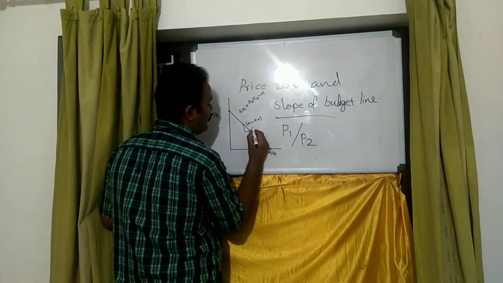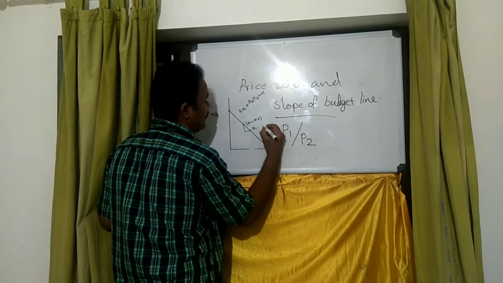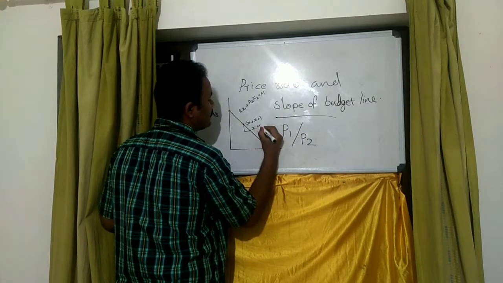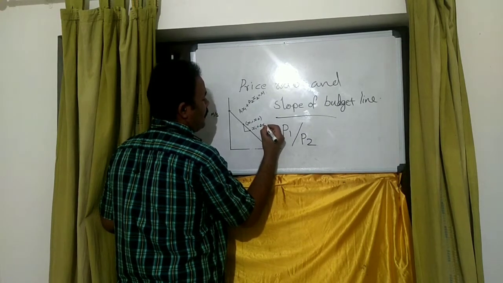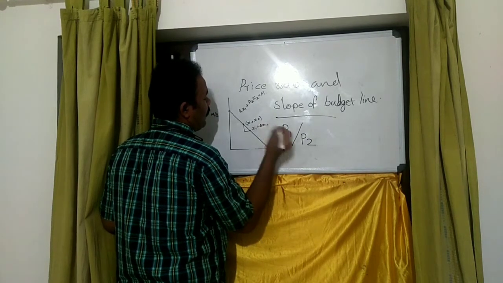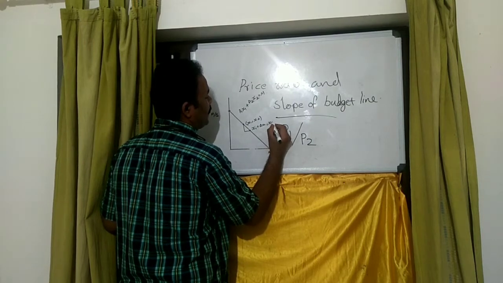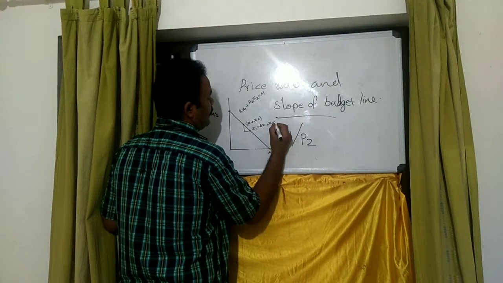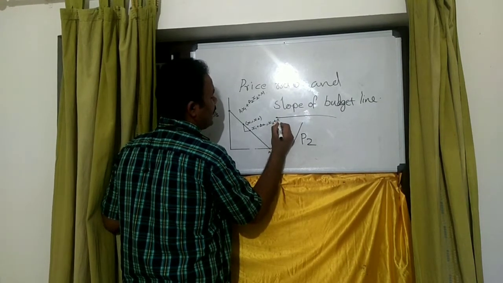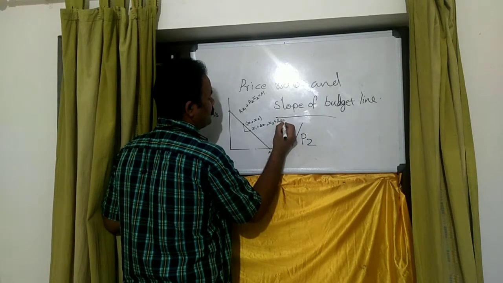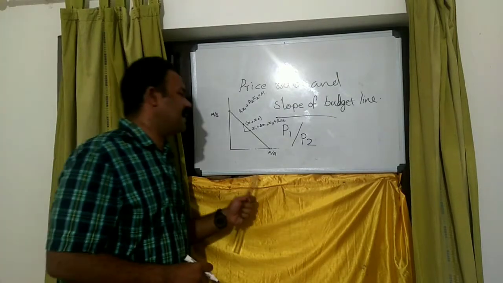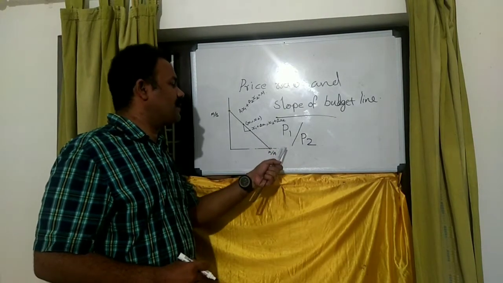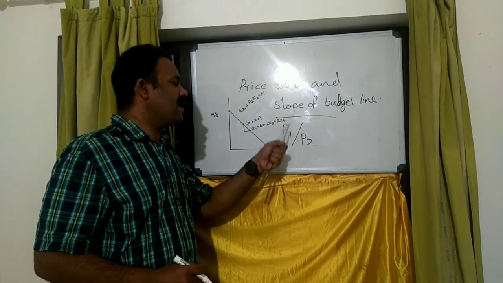The quantity of the first commodity is changing, that is x1 plus delta x1, and the quantity of the second commodity is also changing, that is x2 plus delta x2. Okay, then we can derive this expression P1 by P2.